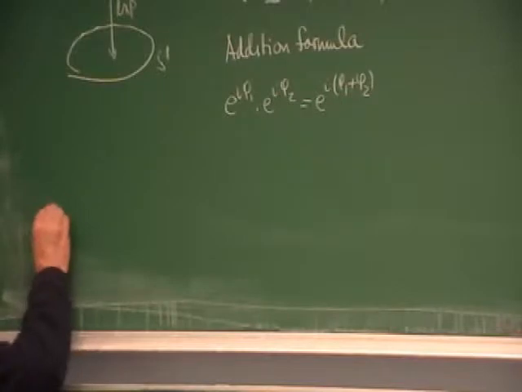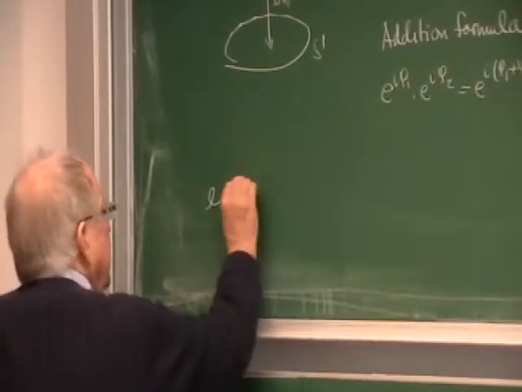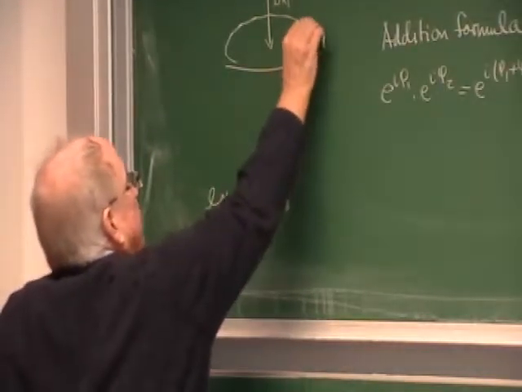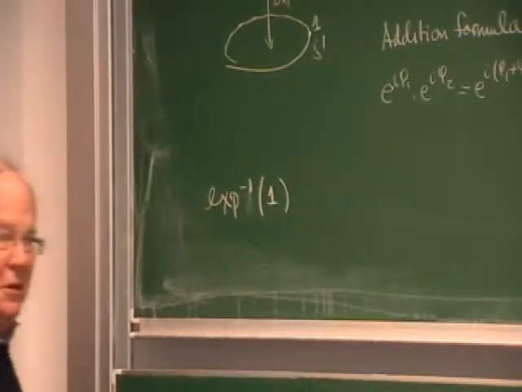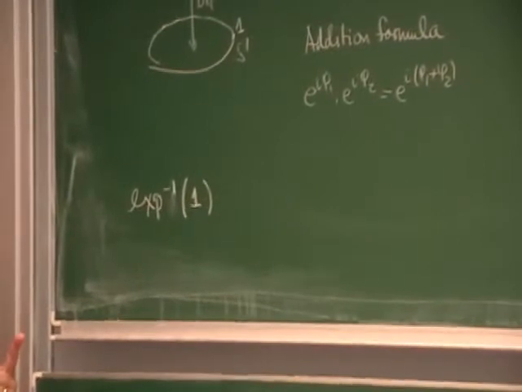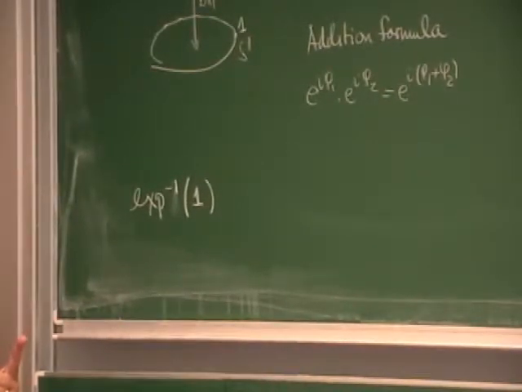Now we're interested in X inverse of 1. So there's a special point 1 here in the circle. We're interested in that because we know that that is the key. That's why it's called the kernel. Yes? This is why it's called the kernel of this map.